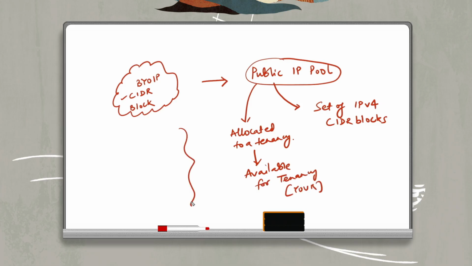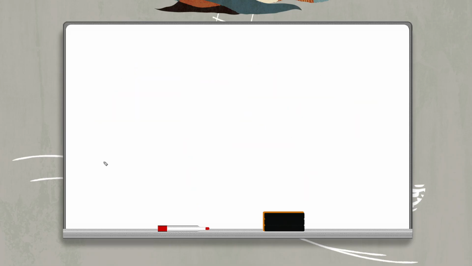In case you want to use a public IP pool, the first thing you need to do is import your addresses. And what is the benefit of adding IP CIDR blocks to a public IP pool? The benefit is you can create a reservation. So you can create a reserved public IP.